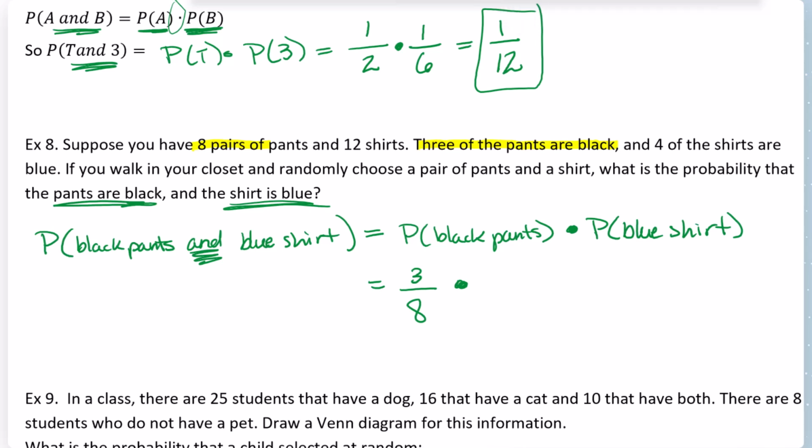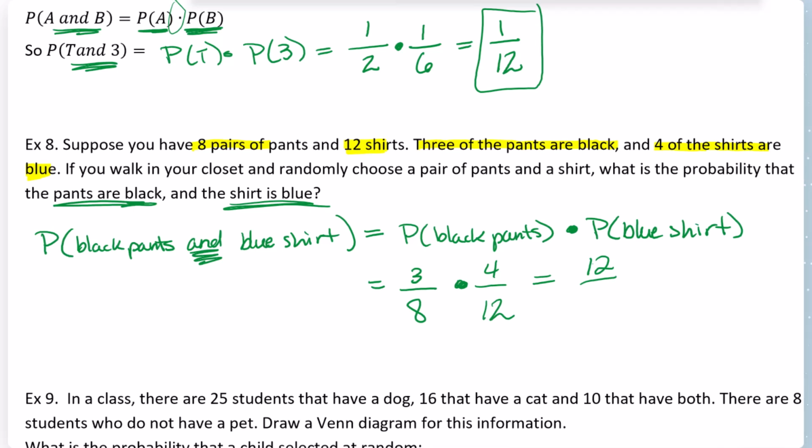Looking next at my shirts, 4 of the shirts are blue, but there are 12 shirts in my closet that we're looking at. And so 4 of the 12 are blue. Fraction times a fraction, we multiply across. So in the numerators, 3 times 4 is 12.